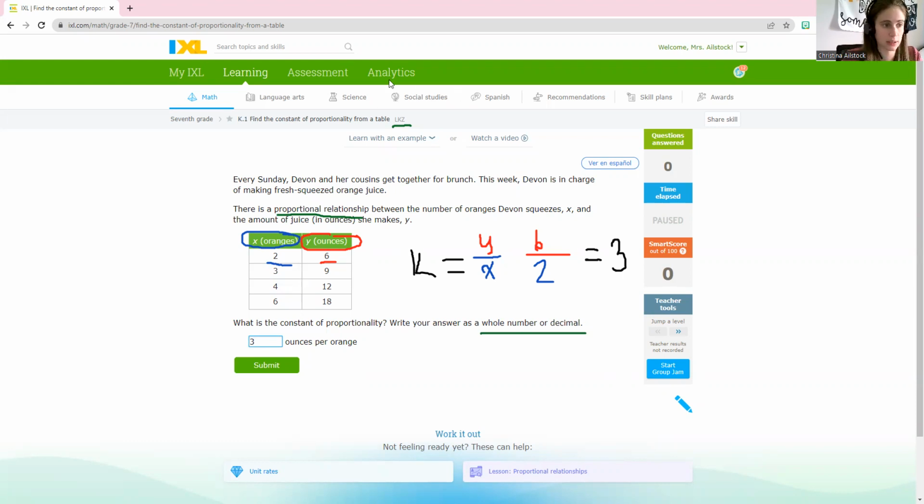So if we take the last line in our table, we take our y value of 18 and divide that by the corresponding x value of 6, and then simplify that fraction. What would be 18 divided by 6? That would be 3, which is the same answer we got earlier. So there you go.